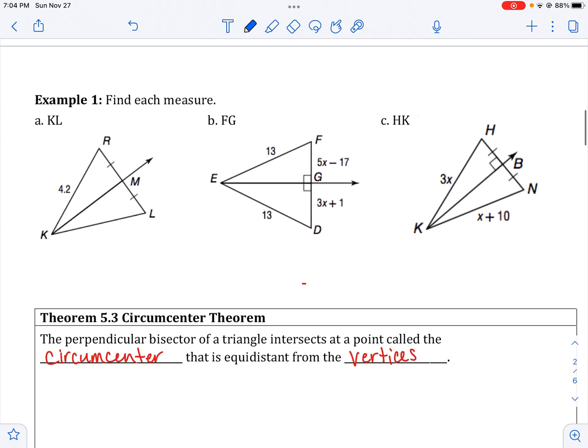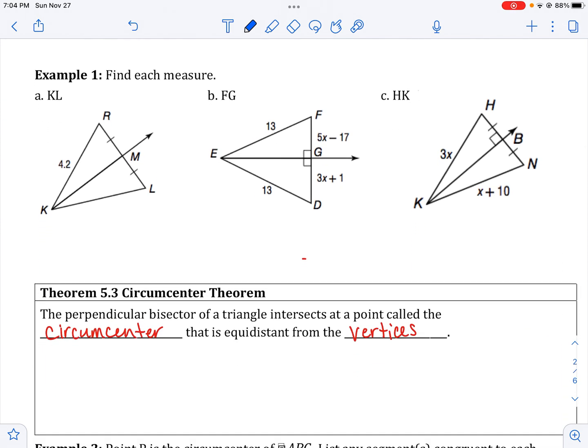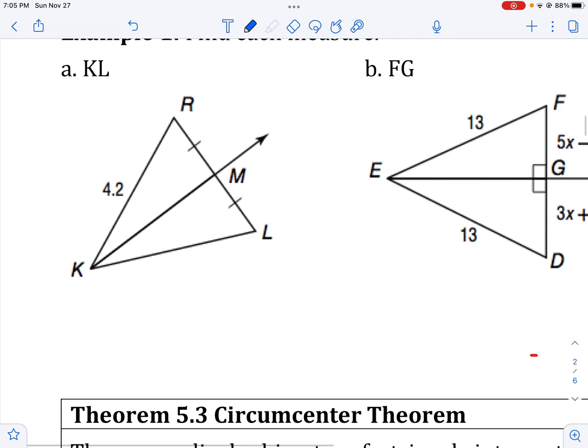So let's look at a few examples. Here are some perpendicular bisectors. And I know two things. I know that if this is a perpendicular bisector of segment RL, RM should be congruent to ML.